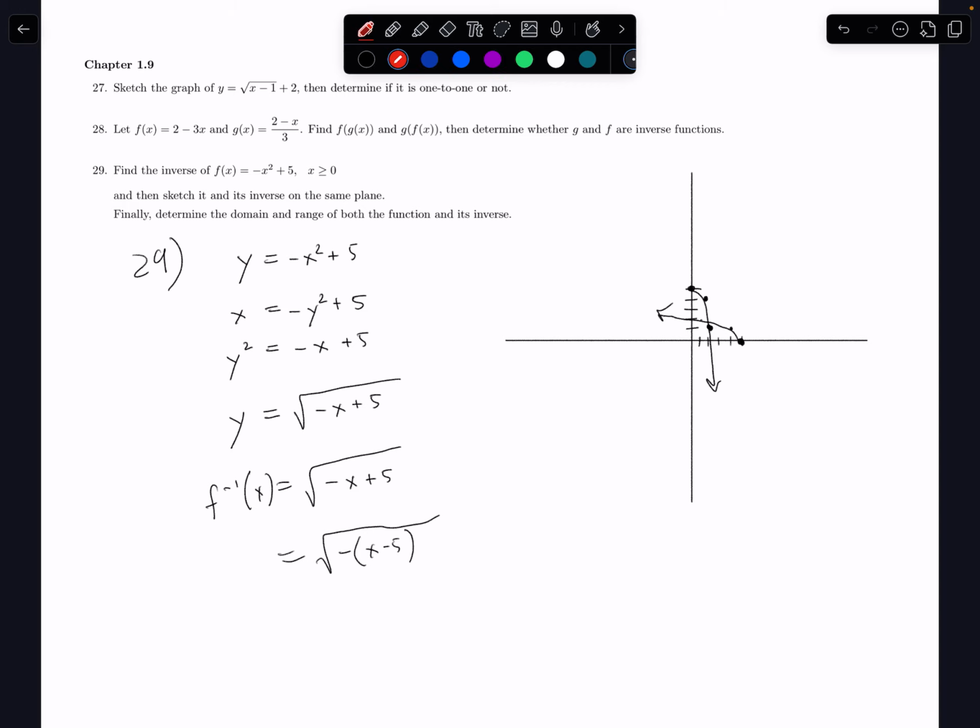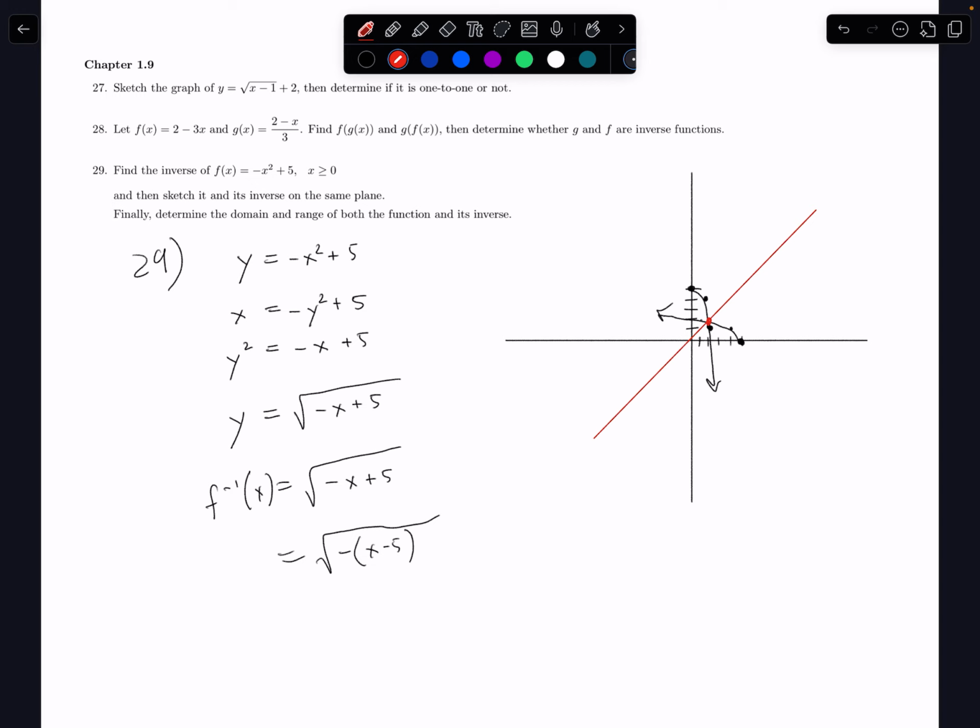Okay, now remember, graphs and their inverses reflect over the line y equals x. Check that out. Look, it crosses right through the middle, and they are reflections of each other over that line. So that is correct.